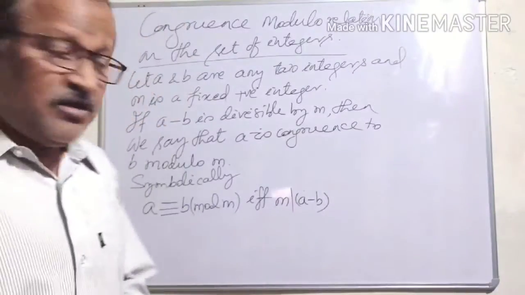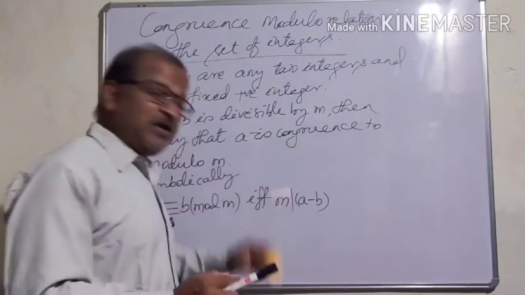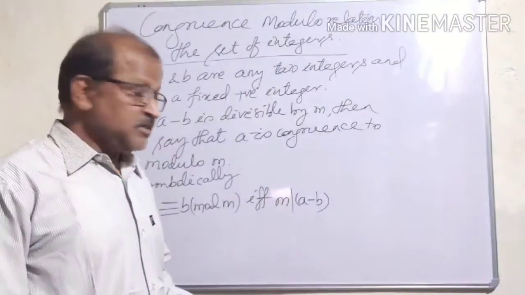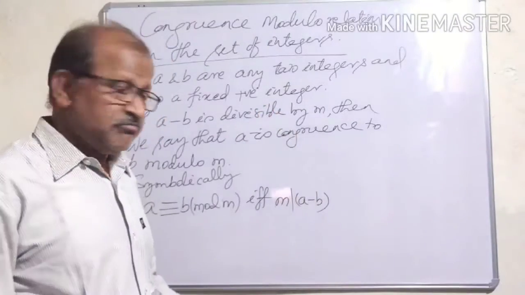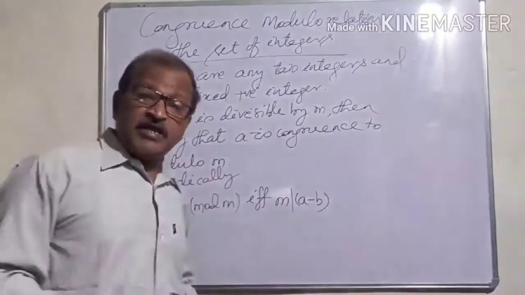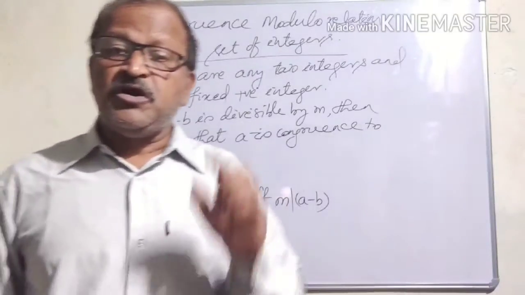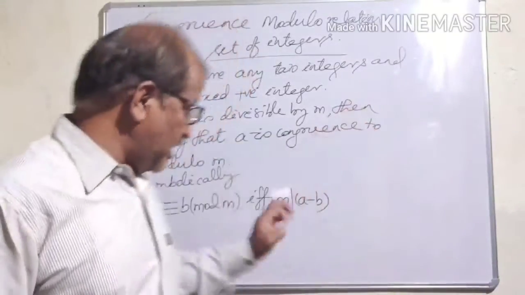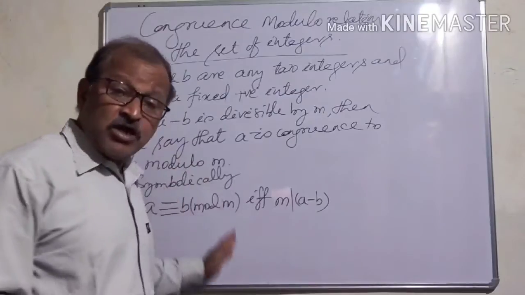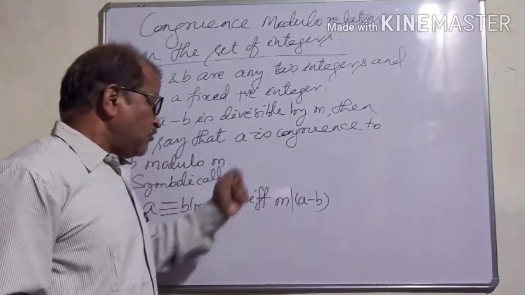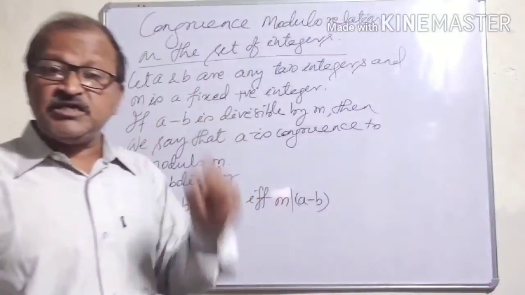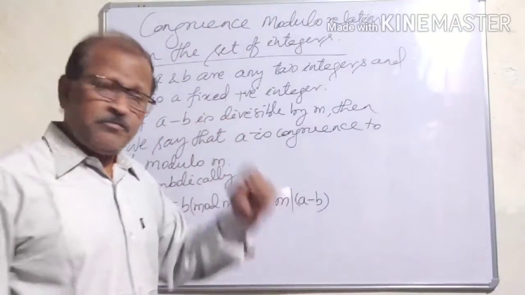If a minus b is divisible by m, then we say that a is congruent to b mod m.